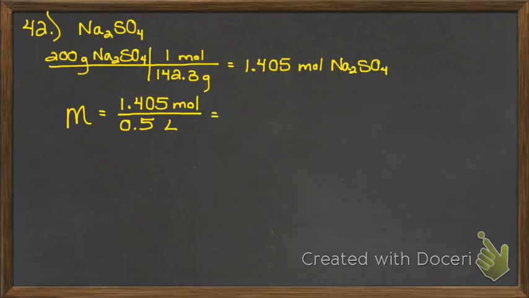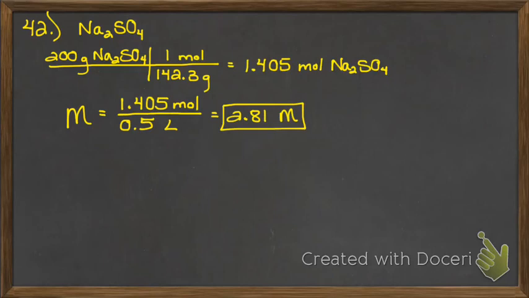And let's look at the original problem. I want to have 3 significant figures, so I'm going to round this to 2.81 capital M. Final answer.